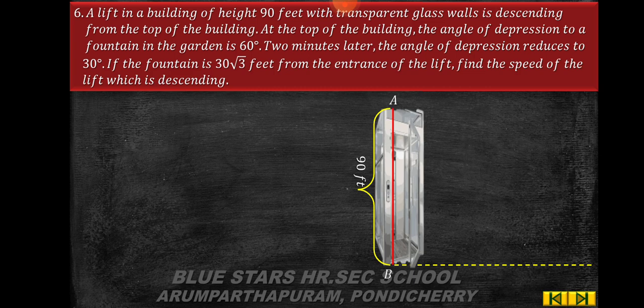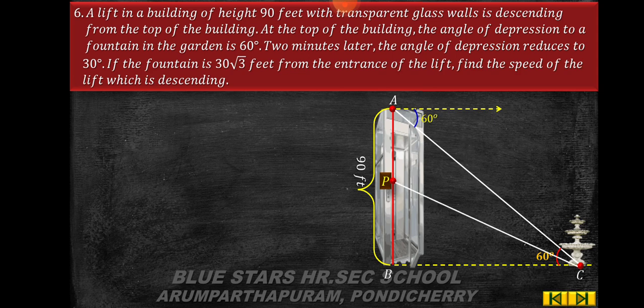So height of the lift be AB and there is a fountain in the garden. Then join the line from the lift to the garden, that is C. So the angle of depression of the fountain from the top of the lift is 60 degree. So after few minutes the lift moves to the point P. The angle of depression from the point P to the fountain C is 30 degree.